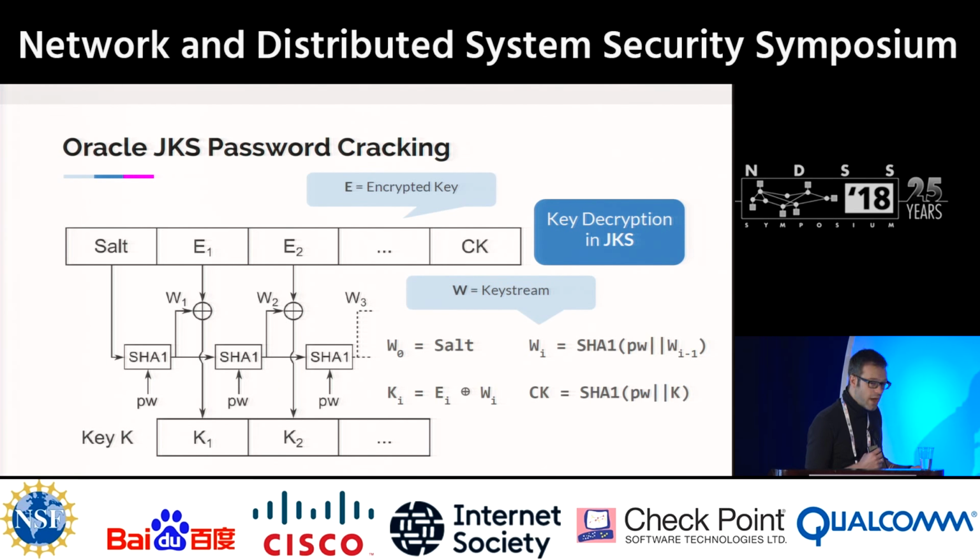You do the SHA-1 of that, and you obtain the first block, the first 20 bytes of the key stream. And then you take this result, you concatenate it again to the password, and you do the SHA-1 again, and you obtain the second block, and you go on like this. So you obtain a key stream W here, and by XORing this key stream with the encrypted key, you obtain the plaintext key.